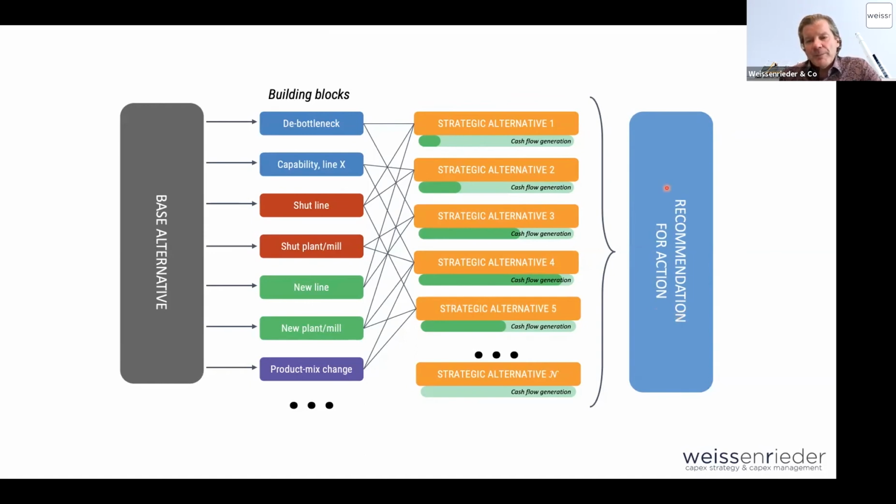If you go all the way back and backtrack, you go into alternative 4 in this case, and then you follow these lines and see what actually are the building blocks that are part of this fantastic strategy. You're going to see something so strange that if you were to look at these individual building blocks as isolated products, the way you look at capital today, you're going to see that they don't have a short payback.